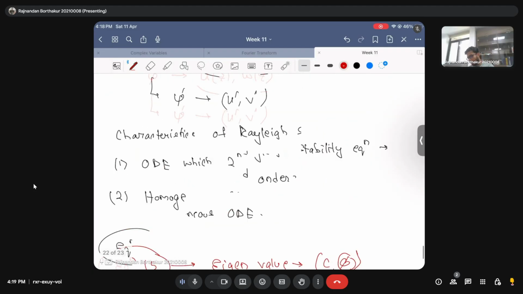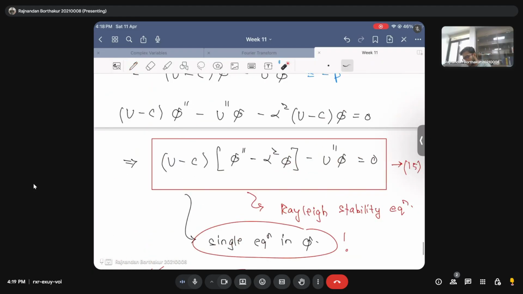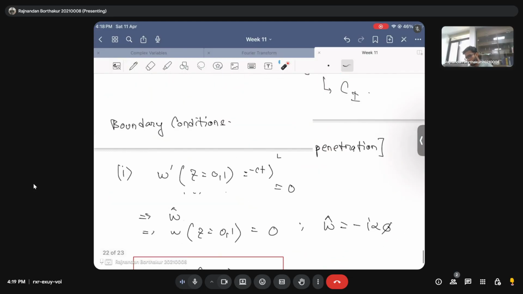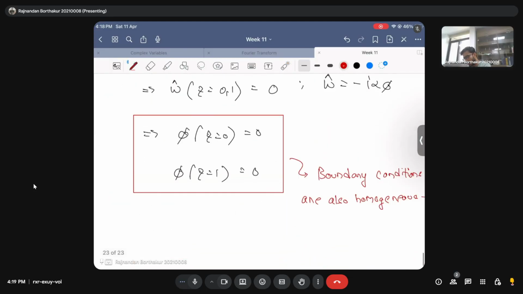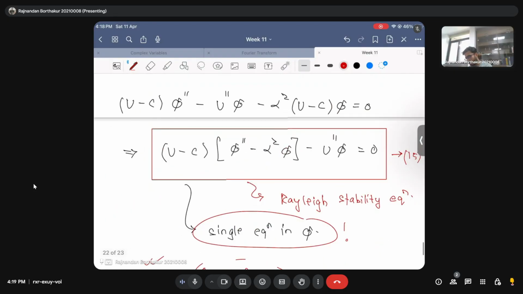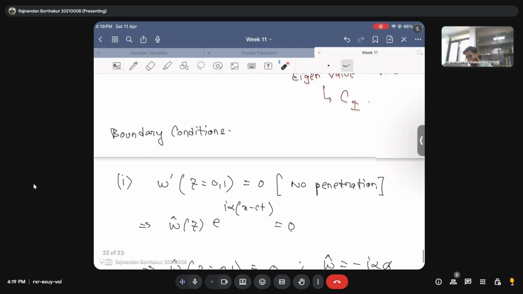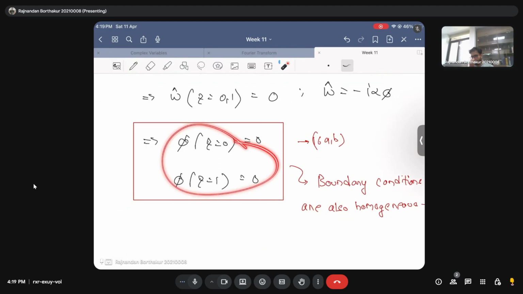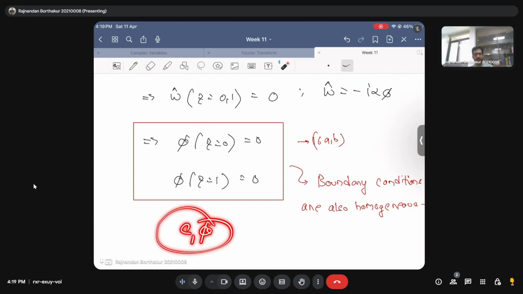So the governing equation, subject to these two boundary conditions, maybe I'll write them as 16a and b, indicates that it's an eigenvalue problem, and we are solving for the corresponding c and phi, which is the eigenvalue and eigenfunction pair. Okay, so I'll write it down.